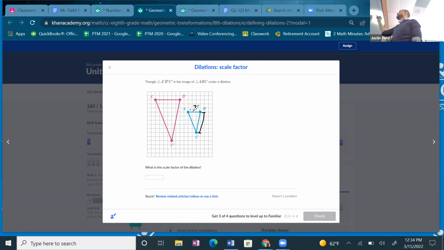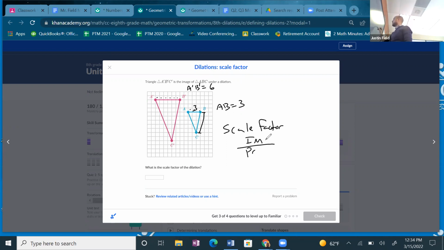I can easily count that side AB is 3, and the length of A prime B prime is 6. And the scale factor, so write this down, is image divided by pre-image.